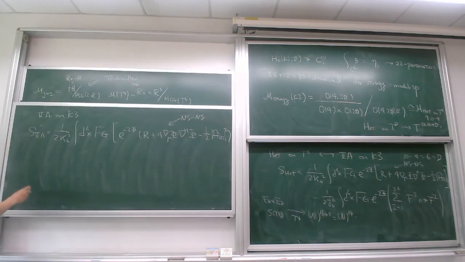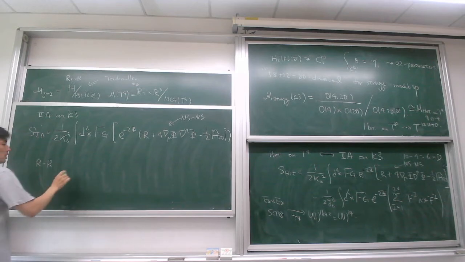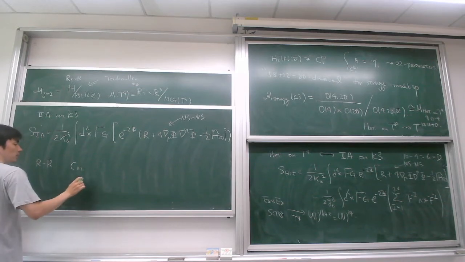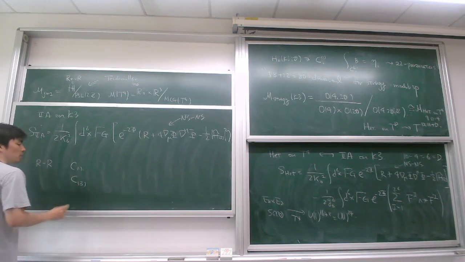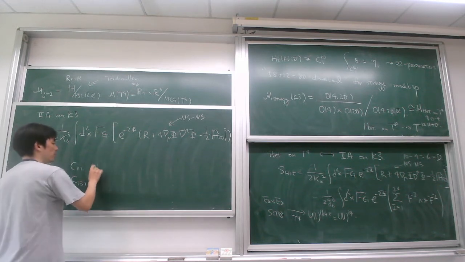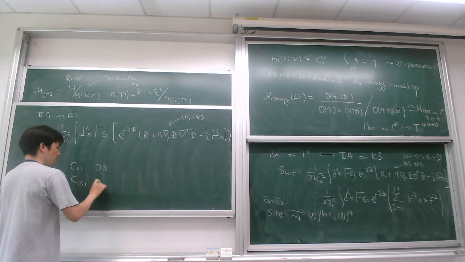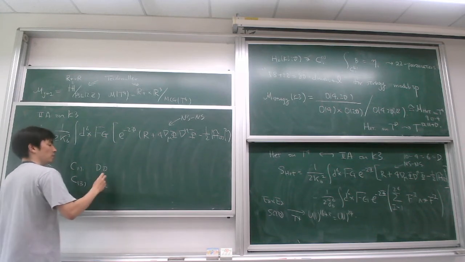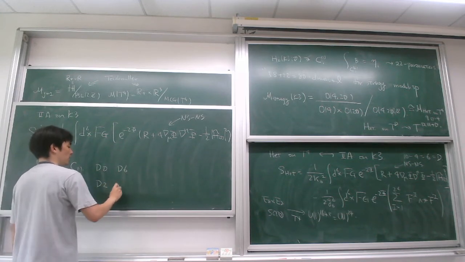So in type 2A, the Ramond field strengths are those of C1 and C3. Recall that in type 2A you have the D0 brane and D2 brane that couple to these, and the D6 and D4.